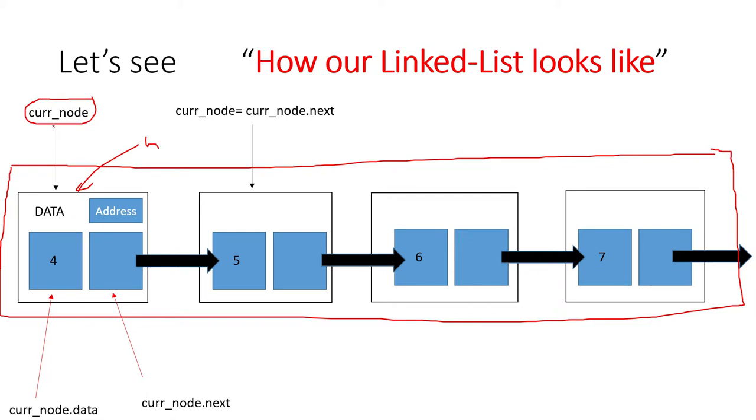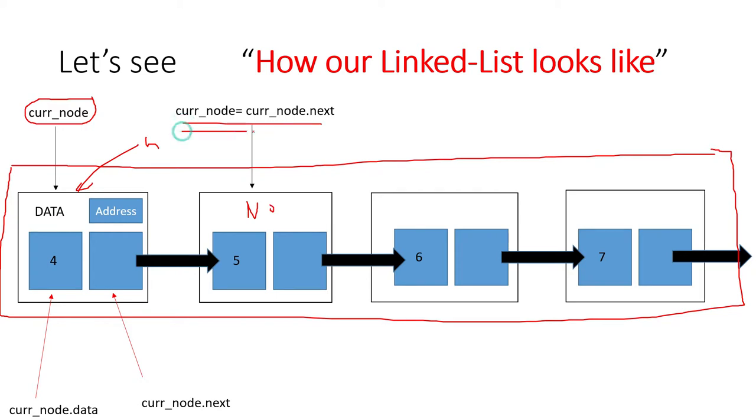So current node points to the first node, which is our head. And if the current node is not None, we will do current node.next.